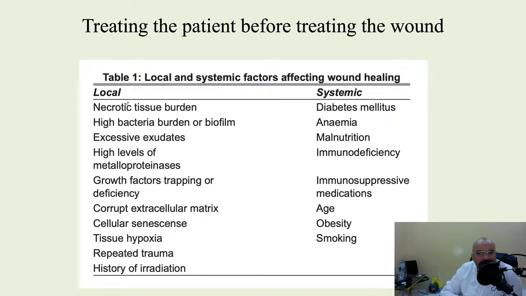Such as what? Such as necrotic tissue. The necrotic tissue may start at 1 centimeter. If the patient's condition is able to deal with this 1 centimeter of necrosis, after some days you will see it become 2 or 3 centimeters, or it will start to be surrounded by slough.